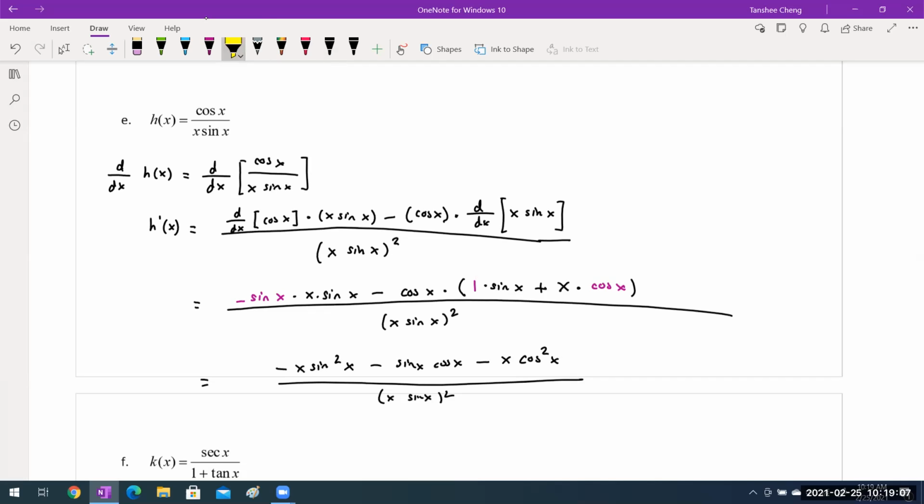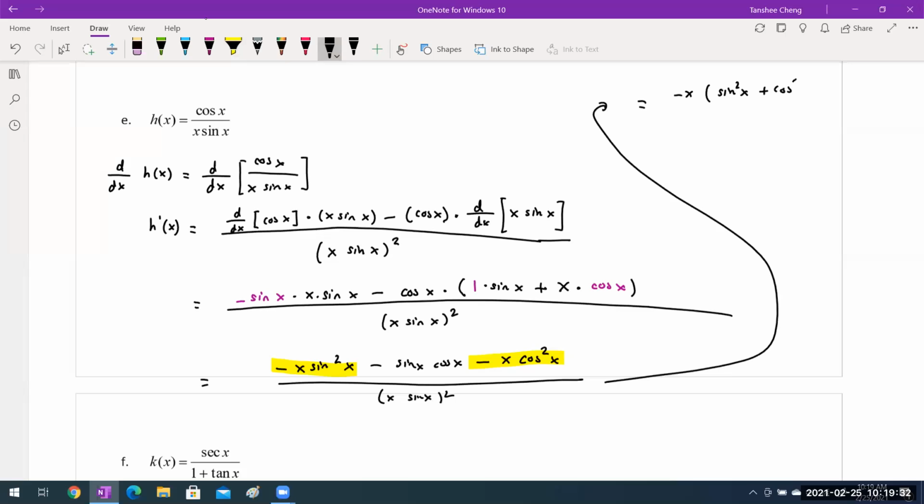In this case, you need to be able to see that if I group these two and then factor negative x out, then I will have sine square x plus cosine square x, which is equal to 1. Right? So from here, I can factor out negative x so that I will have sine square x plus cosine square x and then minus sine x cosine x.